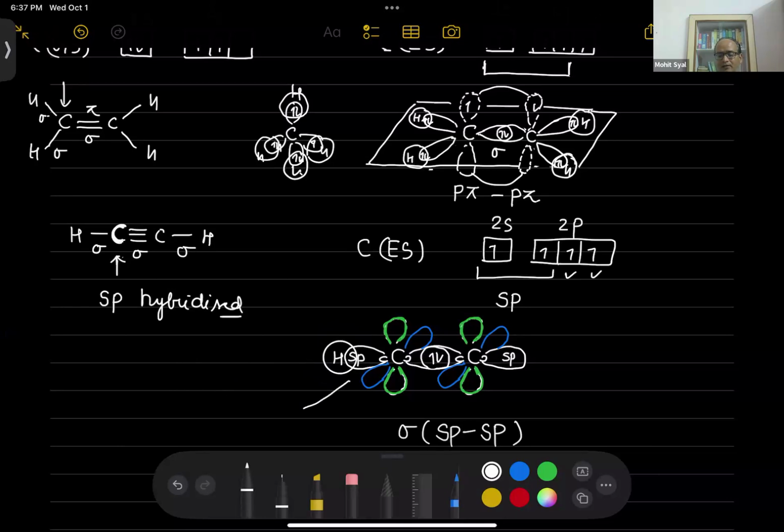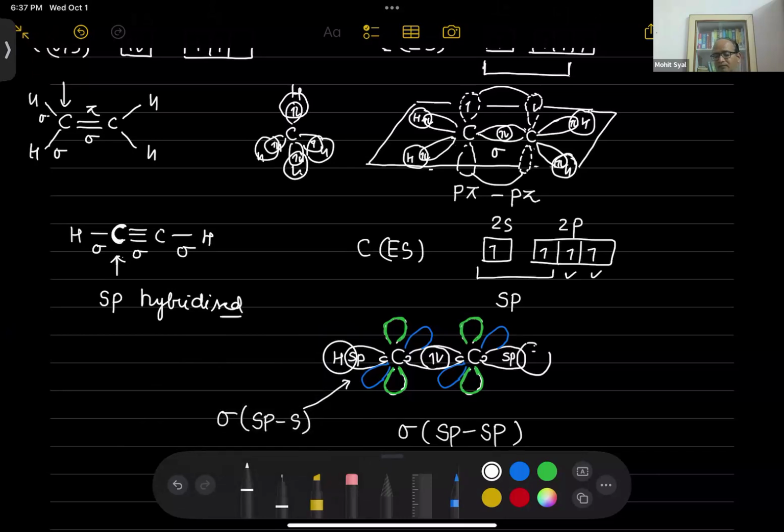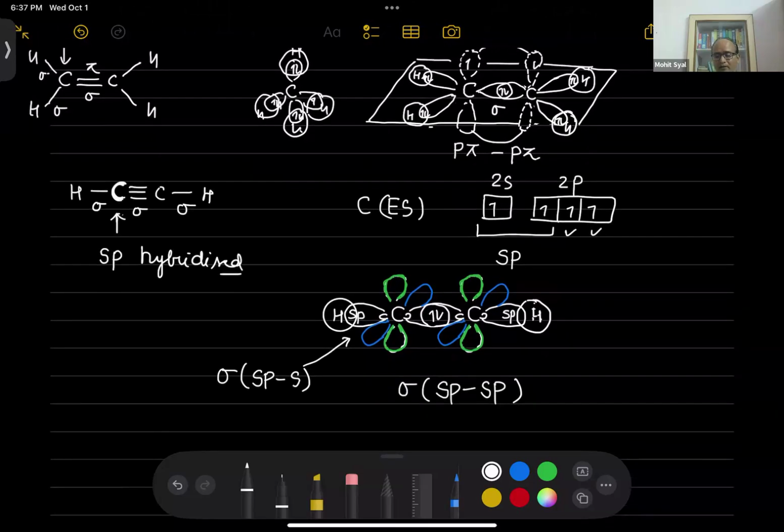So this is a sigma bond formed between the sp and the s of hydrogen. Same is the case here also. This is also a sigma bond. Each carbon has made two bonds as of now. Two bonds are yet to be made.